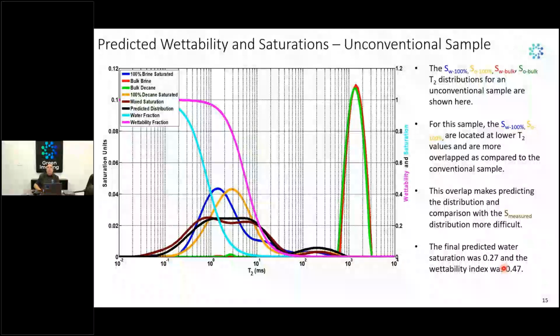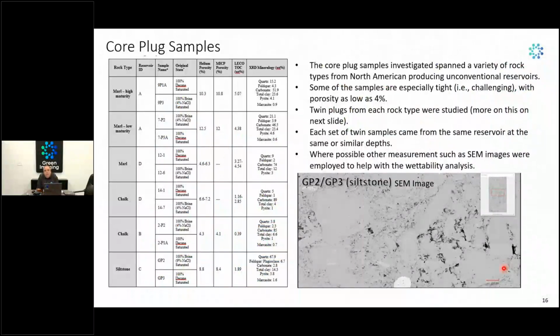All right, so let's talk about some actual results. In this study, we studied 6 twin core samples, and I'll talk about the reason we use twin plug samples in a second. But if you look, this table shows information on all the samples we studied. The core plugs spanned a variety of rock types from North American producing unconventional reservoirs.